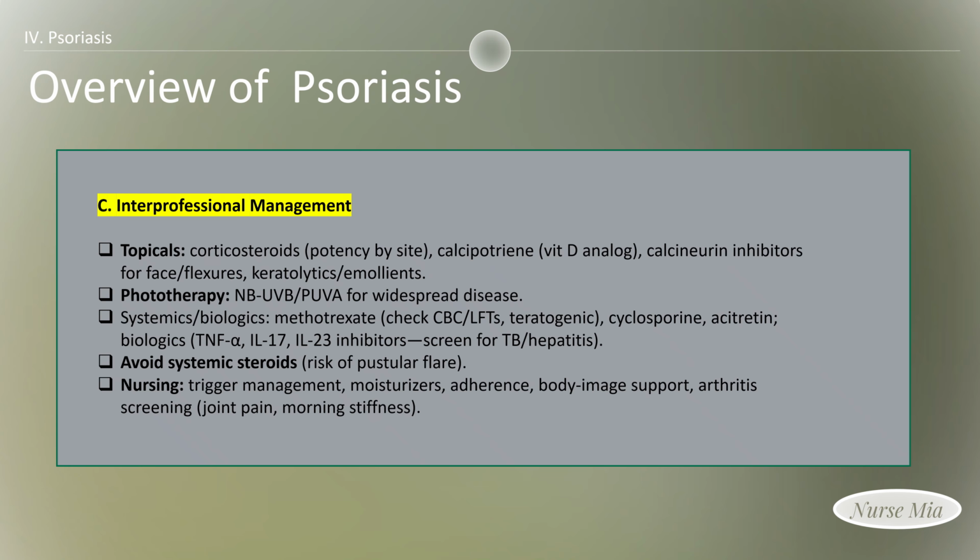Clinical manifestations of psoriasis include the thickening of the epidermis with silver-white scales over red, circumscribed, thickened plaques.